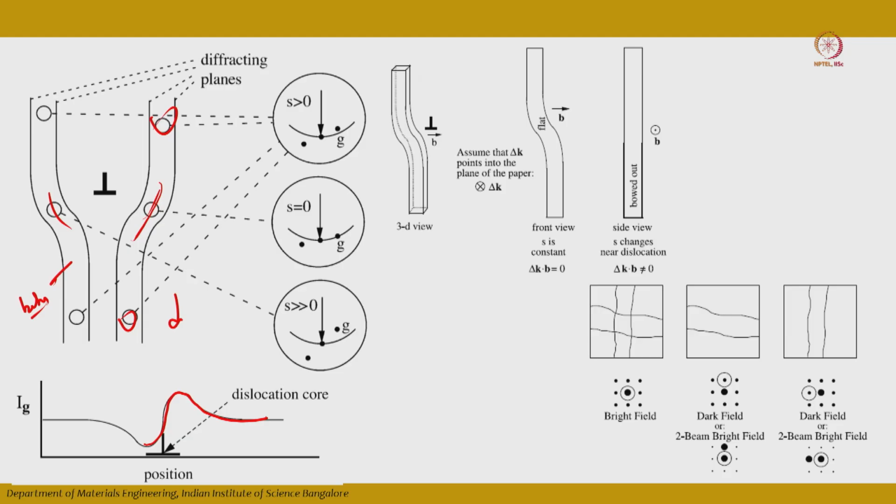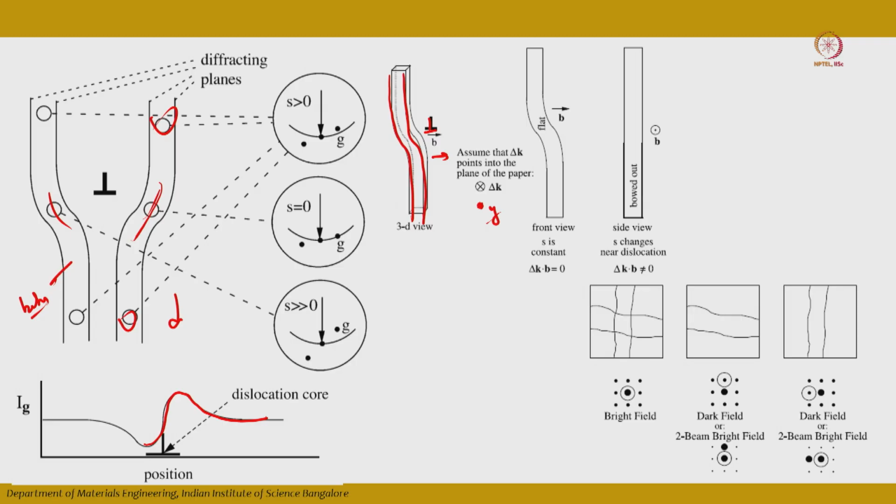Assuming that this is your bent plane and this is your dislocation, and your Burgers vector is in the right direction. Assume that delta k points into the plane of the paper, which means your G vector is into the plane. Fine.